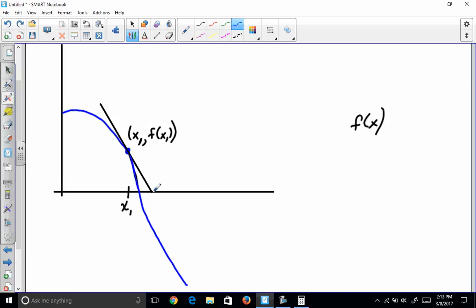It's easy, if we know the equation of a line, to find the x-intercept for that line. We can use that as our new guess. So if we guess, let's say, this value, we could draw a tangent line to our curve.